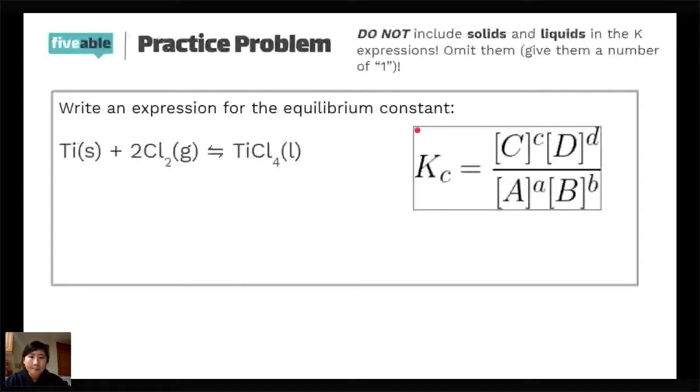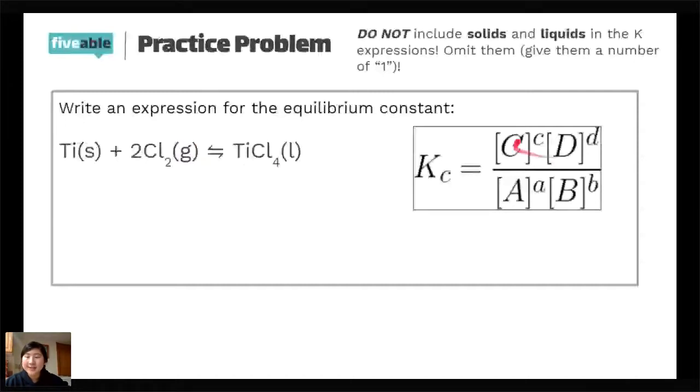You can see that this part is the product side, right? And the front part is the reactant side. If you remember for K, the reactant is on the bottom of the equation, and the product is on the top. So we know that we want to have this side on the bottom, and then the TiCl4 on the top, right?